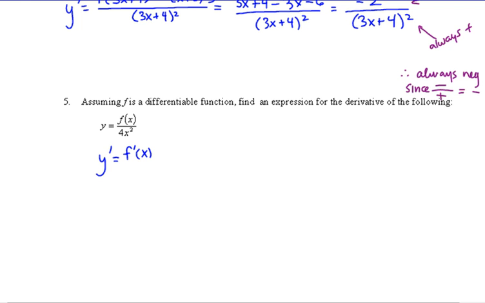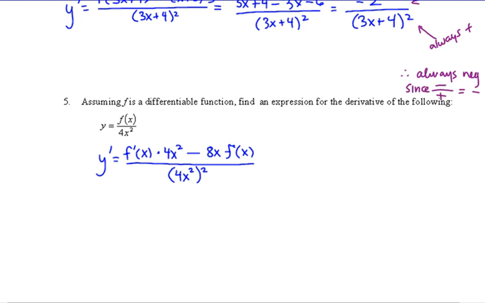So f prime of x times the bottom, so derivative of the top times the bottom, 4x squared, minus the derivative of the bottom, which is 8x, times the top we leave the same, f of x, all over 4x squared squared. If you want, you can simplify this.